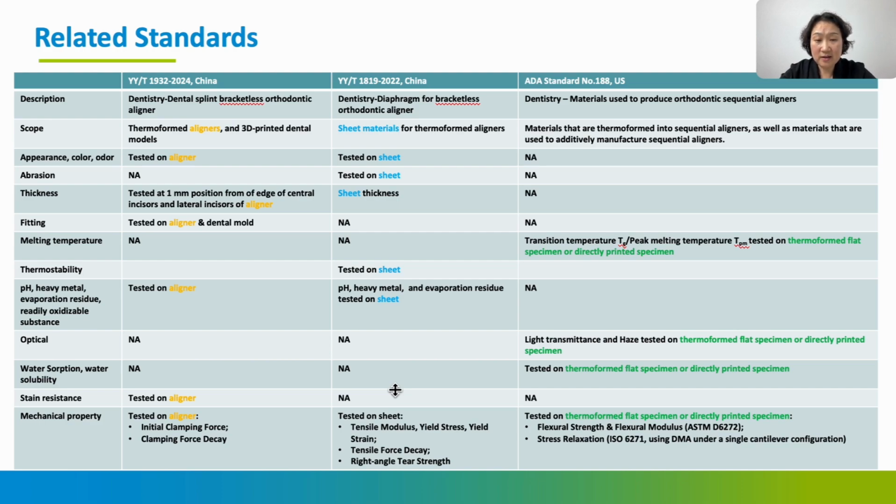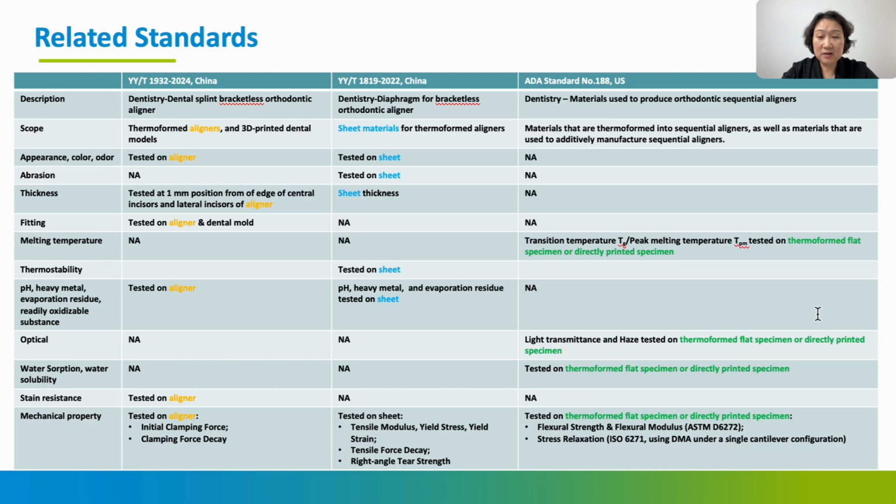This focuses on the aligner properties after it's thermoformed. Column 3 is an industry standard in China to test on the dental sheet. This focuses on the sheet property before thermoforming. This gives guidance for aligner producers and orthodontists to choose a proper material for different treatment design and purpose.